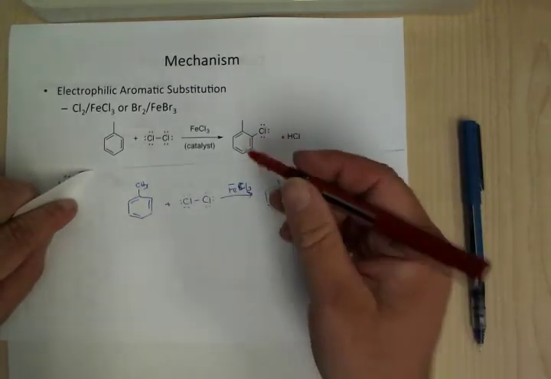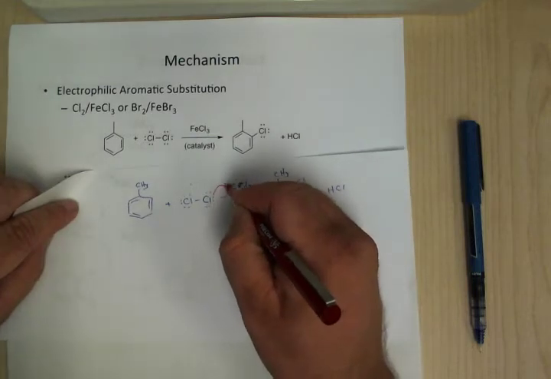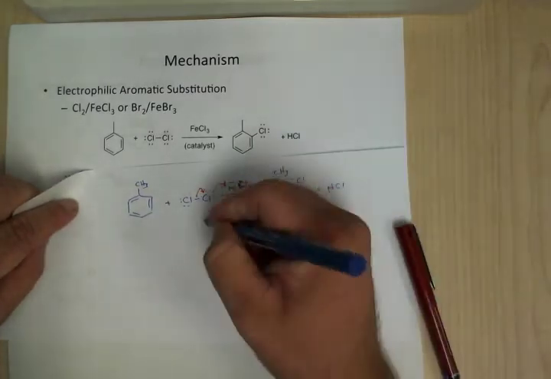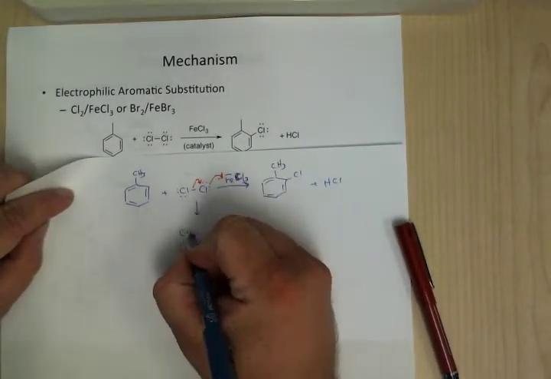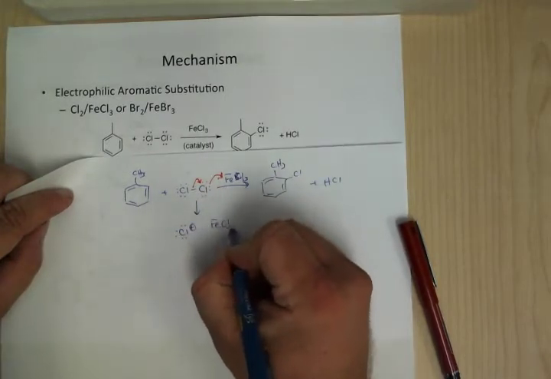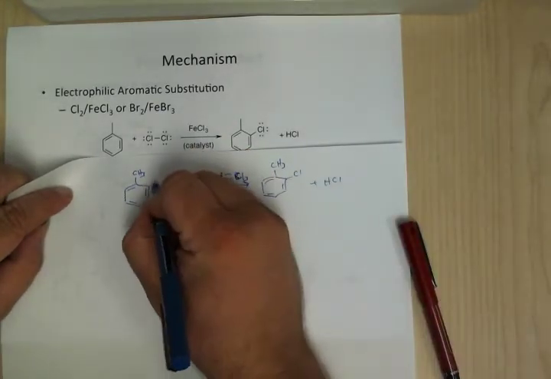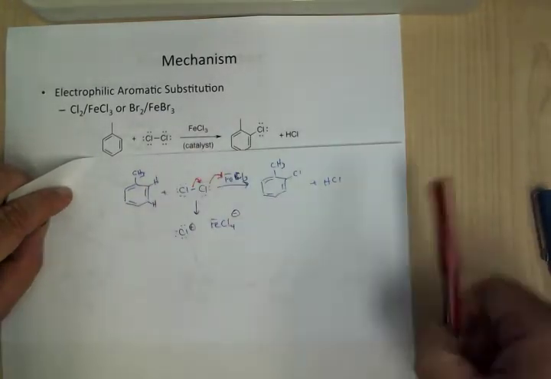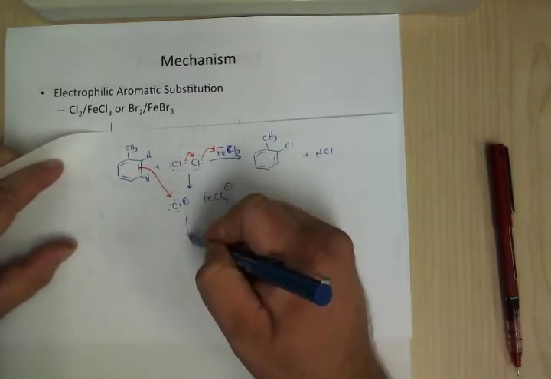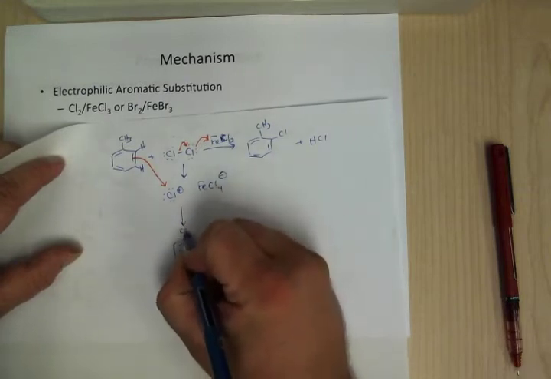Usually, the first thing that's going to happen in these mechanisms is one of the molecules is going to react with the catalyst. So that goes there, but in doing so, it rips those electrons away, and so you end up with a Cl plus, and then FeCl4 minus. So here I'm going to draw on these hydrogens. This double bond is going to come in and attack there, to make this.